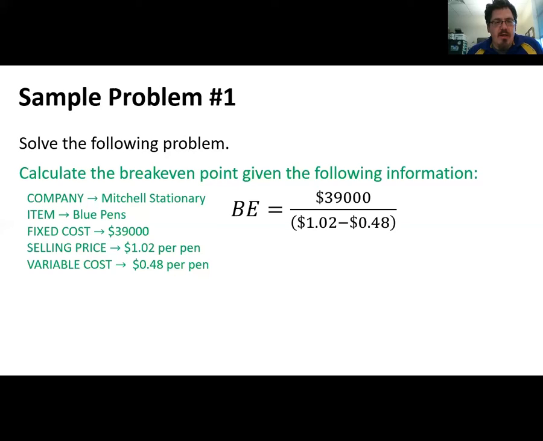Now, to calculate the break-even point, we're going to follow these procedures. What you do is you take and divide the fixed costs, the costs that you have to cover, by essentially the amount of money you're making per item, per pen in this case. So that's why we subtract $1.02 minus 48 cents, because if it costs us 48 cents to make the pen, but we're selling them for $1.02, we are making 54 cents per pen.